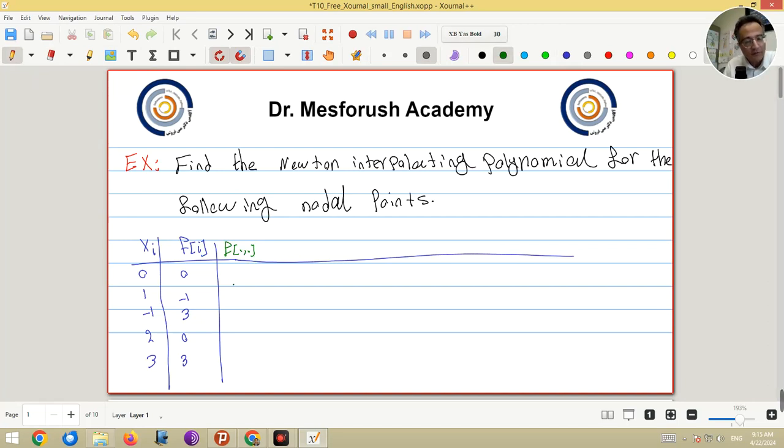For this one, it will be this item minus this one over this one minus this one. So minus 1 minus 0 over 1 will be minus 1. The other one, 3 plus 1, which is 4, over minus 2, will be minus 2.